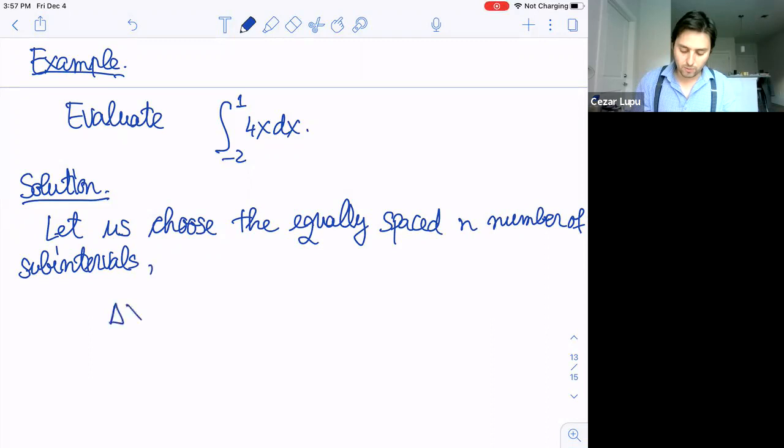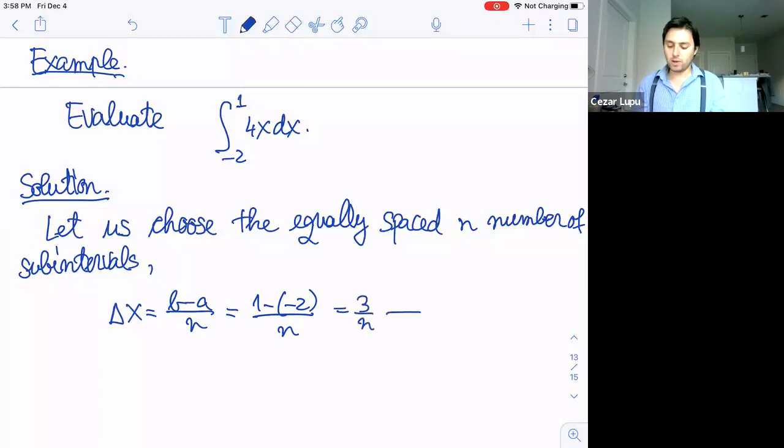And when we say this, delta x will be nothing else than b minus a over n, usually given by the formula. But in our case, since it's on the interval -2, 1, this would be 1 minus -2 over n, which will be 3 over n. And as you can see, as n approaches infinity, 3 over n will approach 0. All right, that's good.